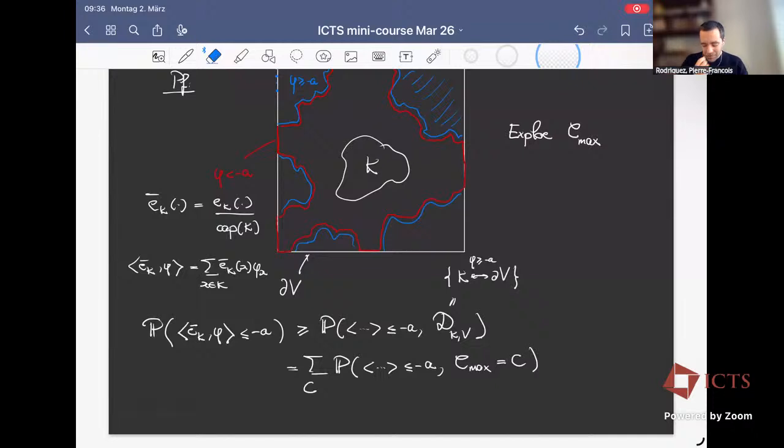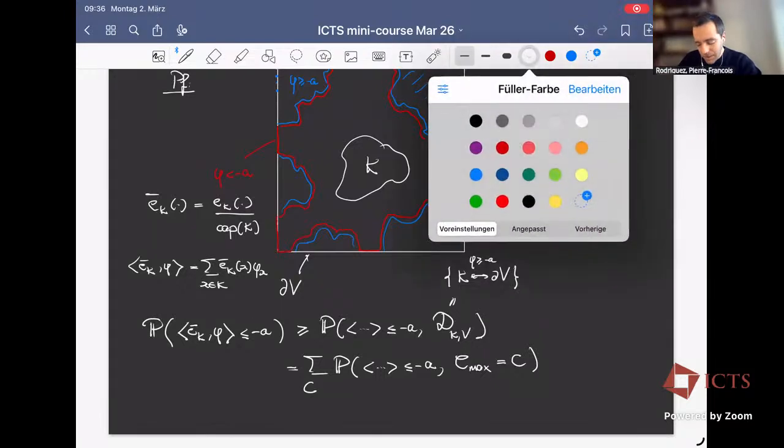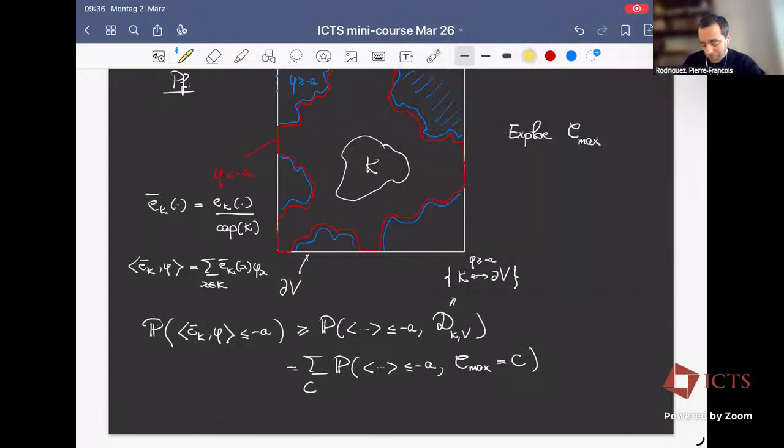Okay, and so now, of course, the thing to note here, so this is the first important bit, and that's the whole point of an exploration argument, is that this part here is actually measurable with respect to only the field restricted to C, right? If I explore this blue and red stuff coming from outside, I don't need to reveal what is in this region here.